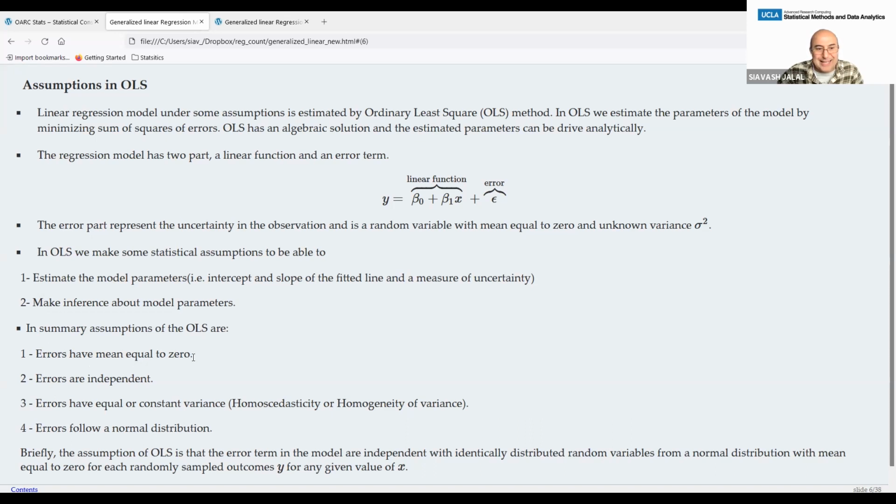If the mean of error is equal to 0, the OLS estimate gives you an unbiased estimate, no matter what. Unbiased means that as you have more and more samples, the estimated parameter gets closer and closer to the actual value that is unknown, and you try to estimate the actual parameter.